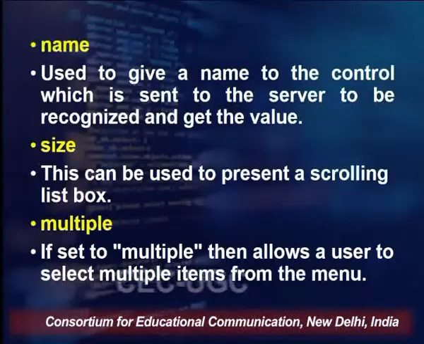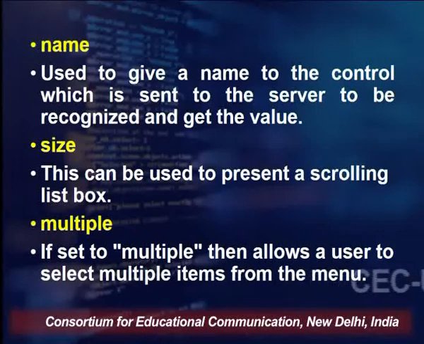Now the next attribute here is multiple. If we specify multiple, it allows a user to select multiple items from the menu, otherwise it allows only one item. For example, in the present code we have not written multiple.